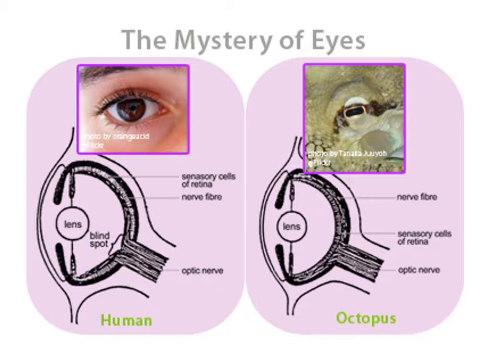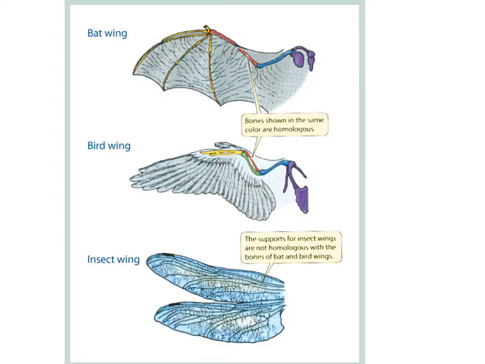So homologous or analogous? Analogous. Good. Okay, here. The fact that bats and birds both have wings, is that because of homologous or analogous structure? Analogous. The structure of the bones in the wing, homologous or analogous? Homologous. Okay? Does that make sense, that separation there?